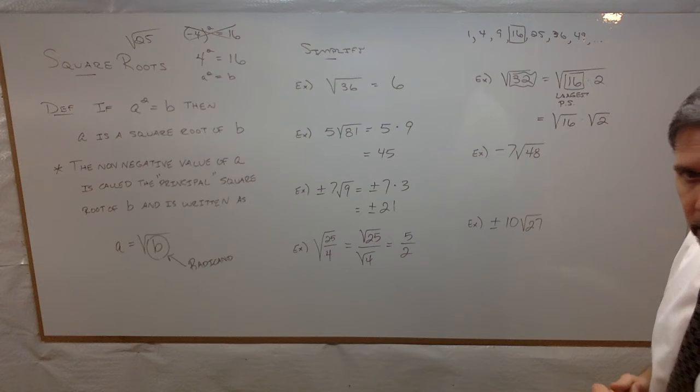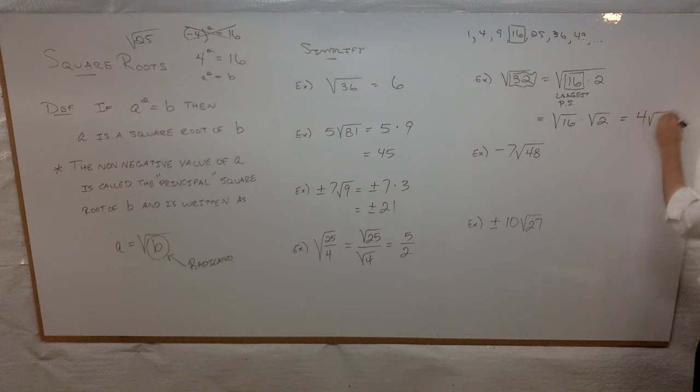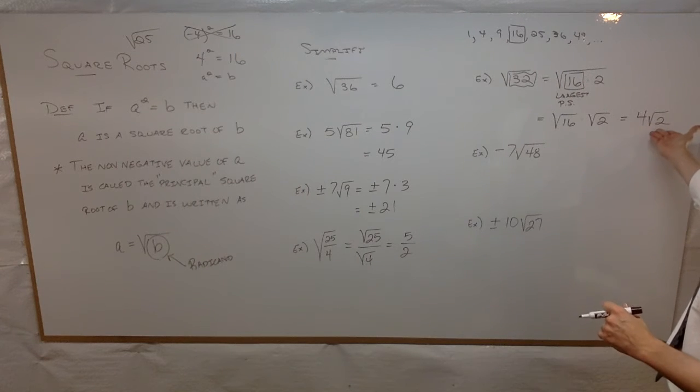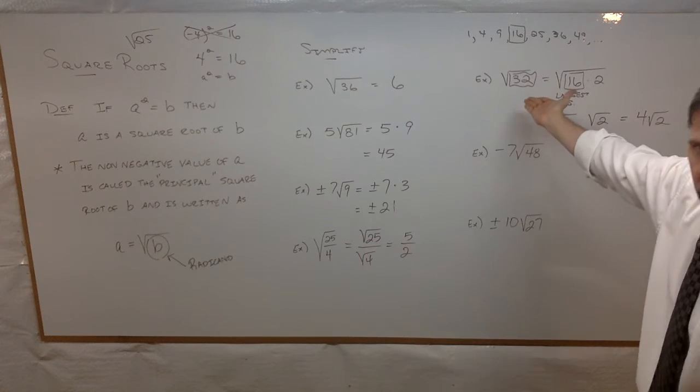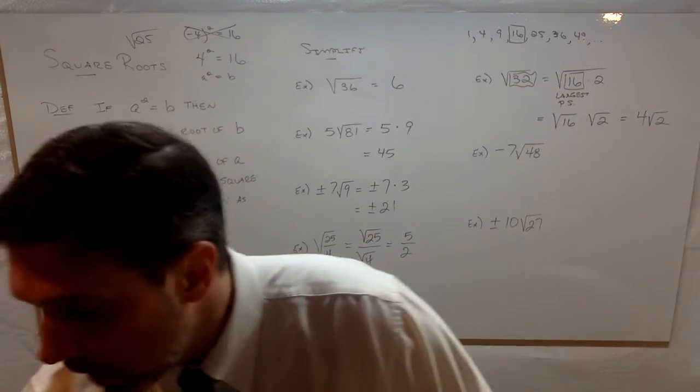Once we write it this way, we can clean up the square root of 16. We'll call it 4. Square root of 2, nothing you can do about that. This is the simplified version of the square root of 32. We call it 4 square root of 2, as opposed to what we had on our calculator.